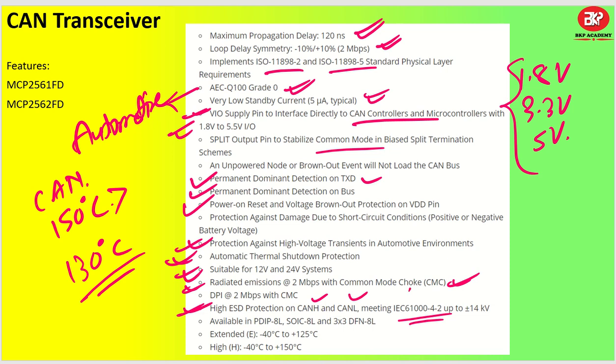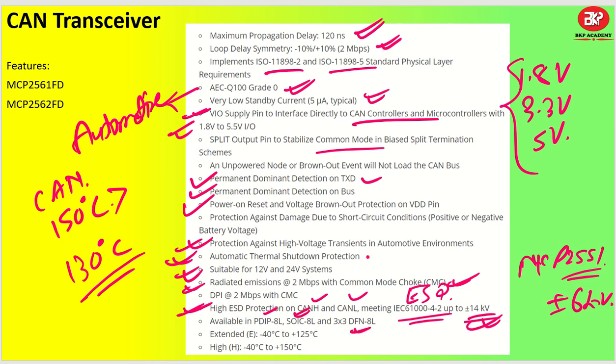This is the ESD standard that I have talked about in our previous videos. It goes up to plus minus 14 kV. MCP2551 was taking up to plus minus 6 kV, but right now it takes up to plus minus 14 kV. So this is a much better IC, and it is available in PDIP package, that is your through hole package, then SOIC package, as well as DFN package.